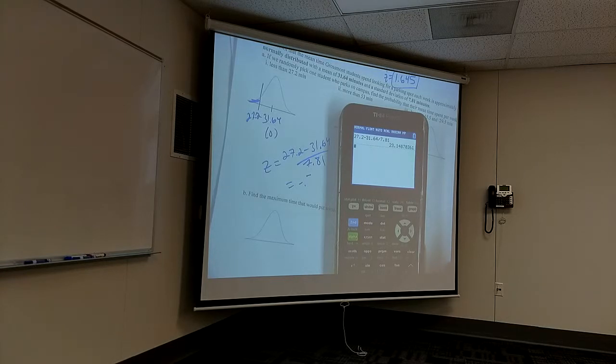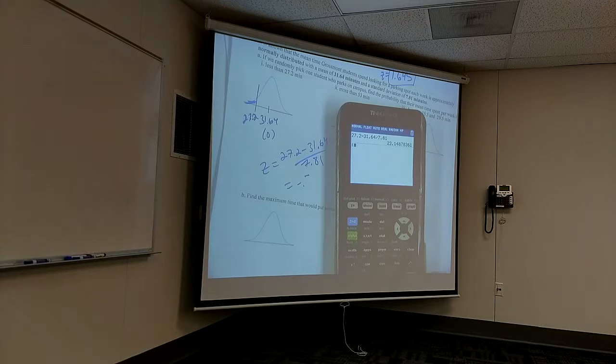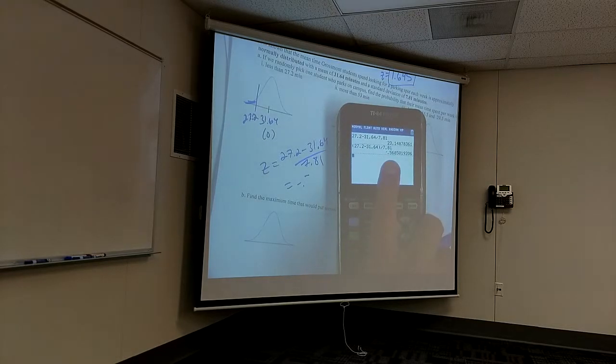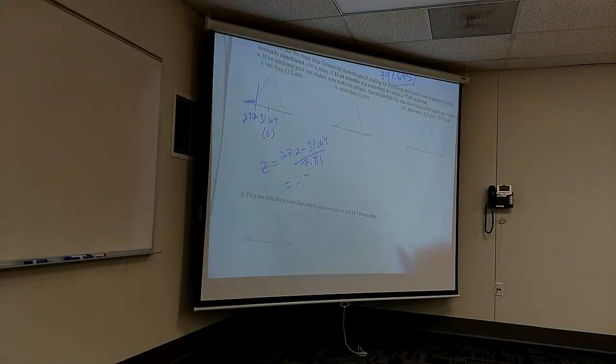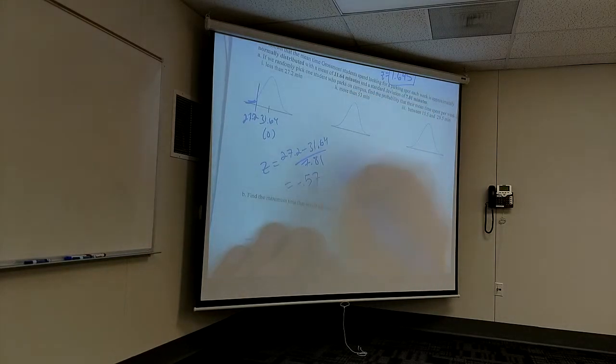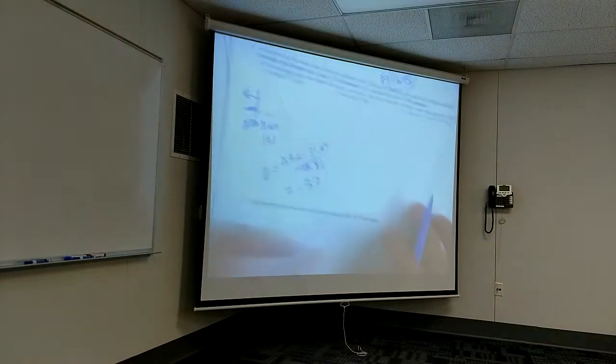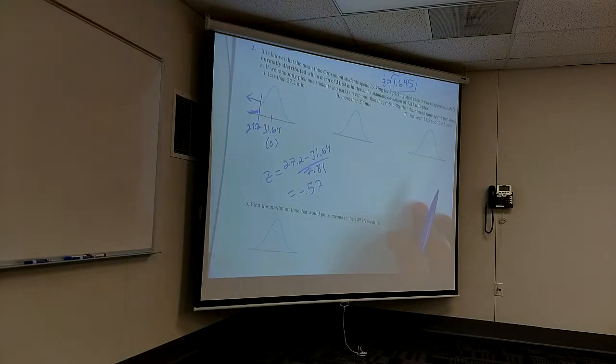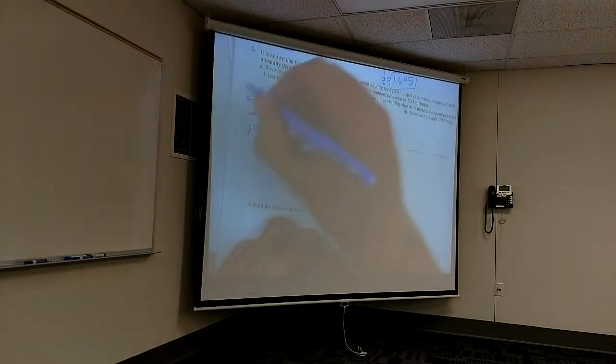I'm supposed to do the subtraction first because I got to do the top first. Parentheses, 27.2 minus 31.64. So yeah, negative 0.57, right? Negative 0.57, which leads to an area of 0.2843.